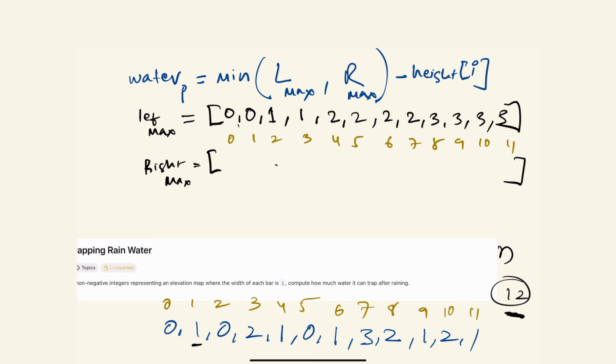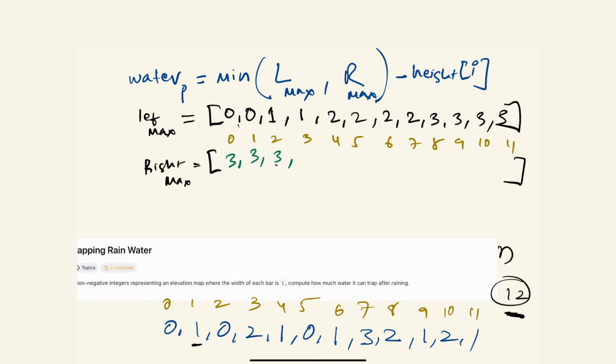Okay. Now start from the 0th index. The 0th index, the max height is 3. I will say this is my 3. On this wall, index 1, still it is 3. Now second index, still it is going to be 3.